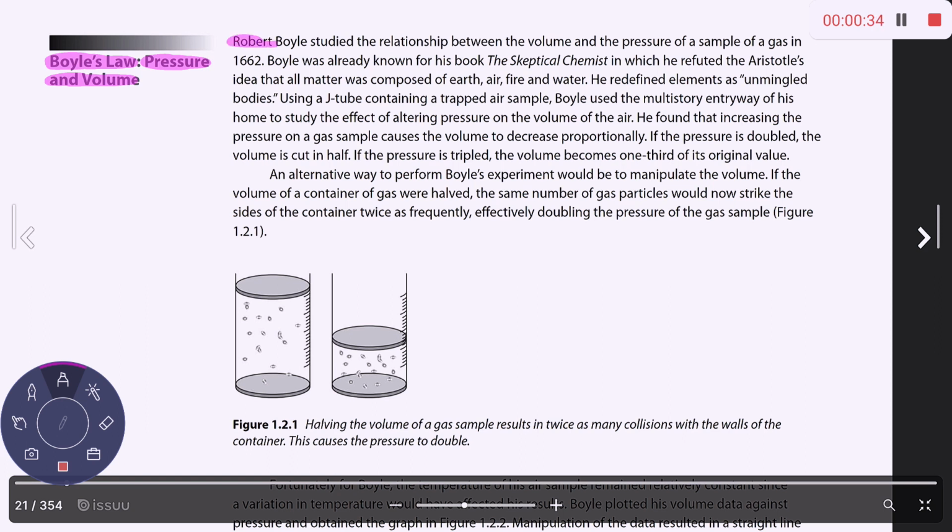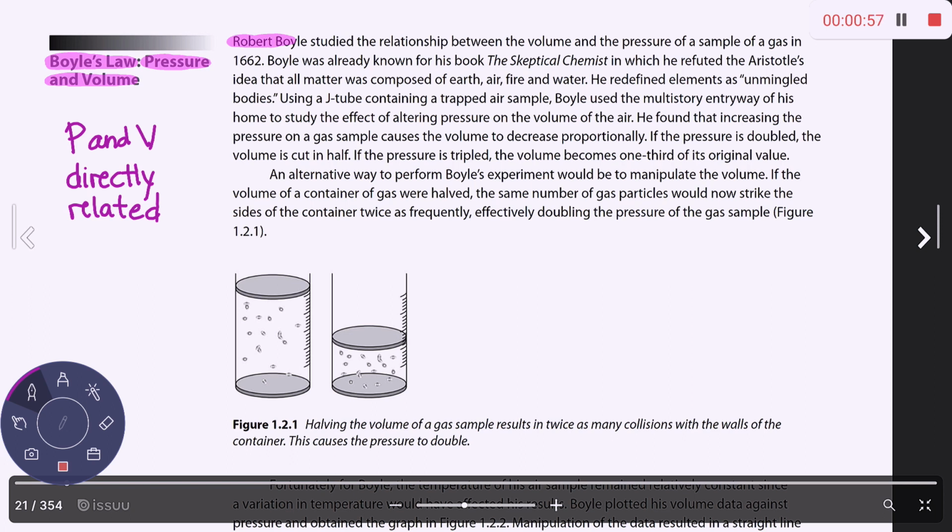Okay, so Robert Boyle is the person that studied the relationship between volume and pressure of a gas in the mid-1600s. He found that pressure and volume are directly related. You're going to see me abbreviate pressure as P and volume as V, okay?